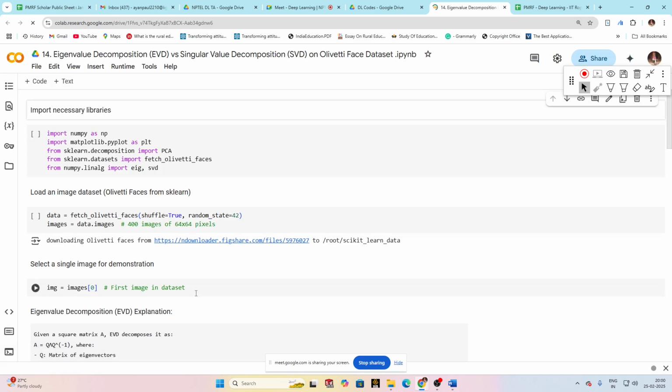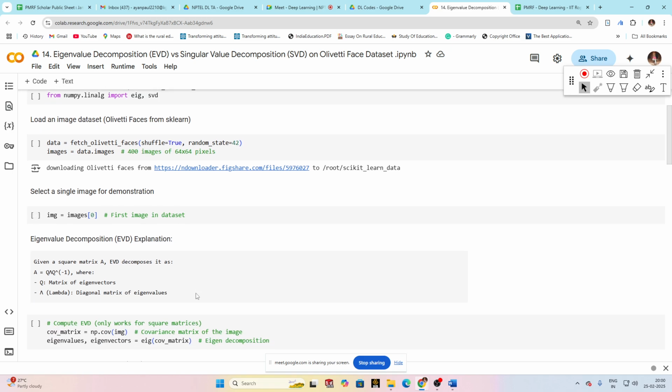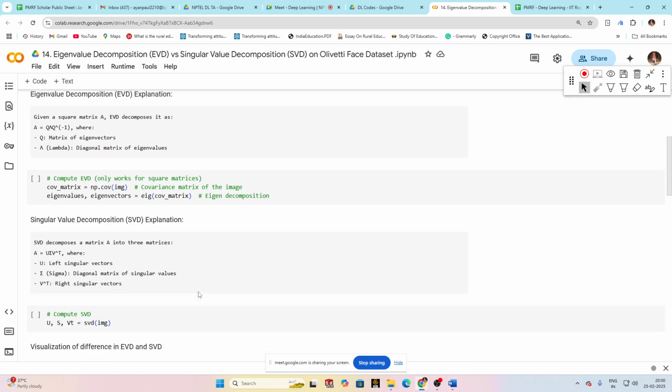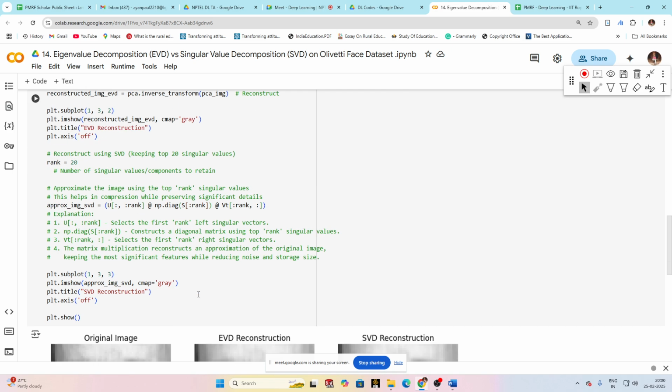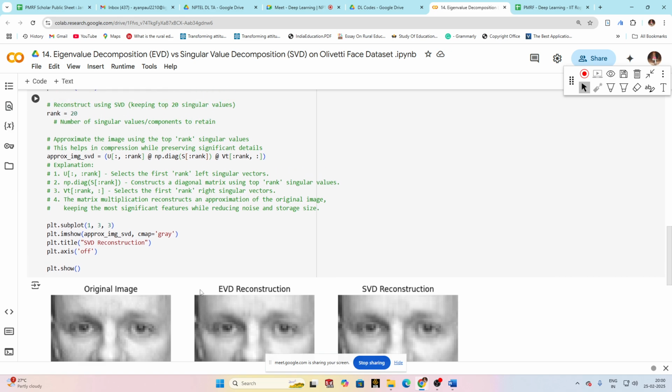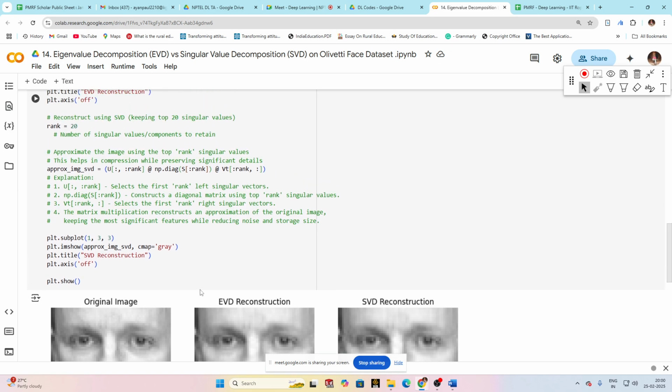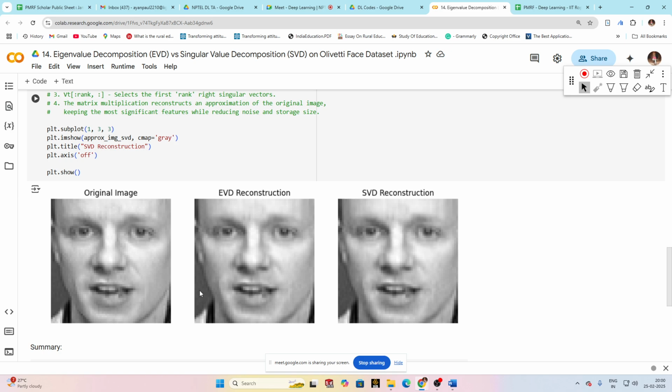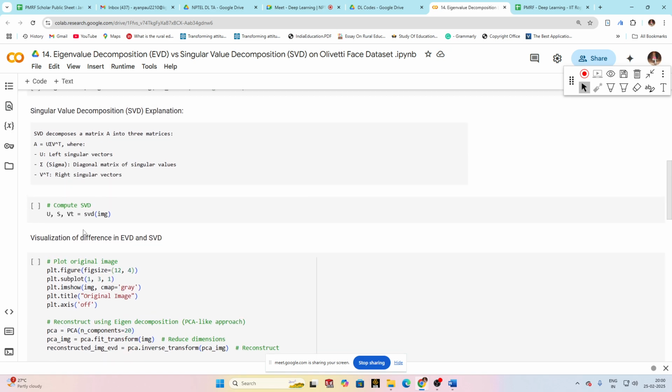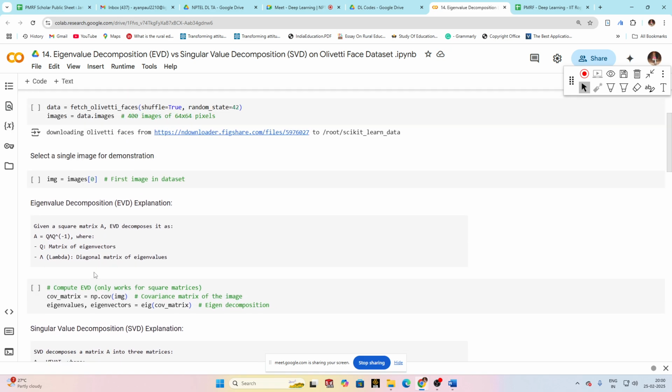Here, as we are operating on an image dataset, the m cross m matrix will be the same, so we are not getting much difference, but you can apply it to different m cross n and m cross m matrices and see the results.